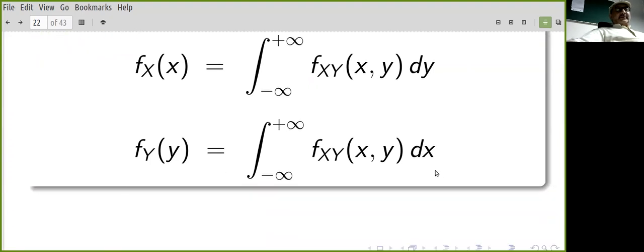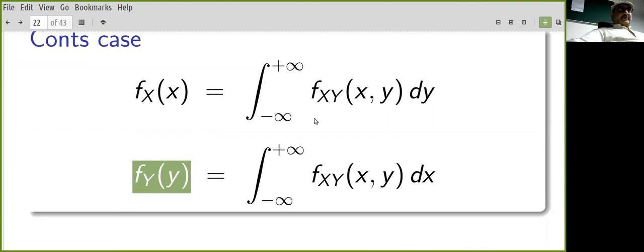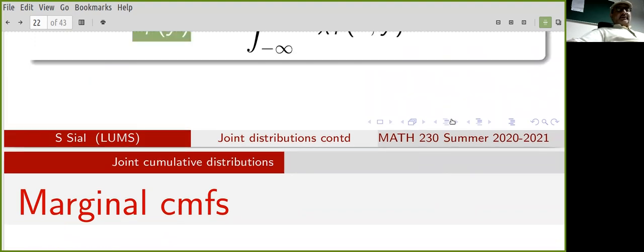And similarly, if I take the joint PDF f sub xy, and I integrate over all the allowed values of x, from minus infinity to infinity, then I will only be left with f sub y of y. So those were how you calculate the marginal PMFs and PDFs given the joint PMFs and PDFs.